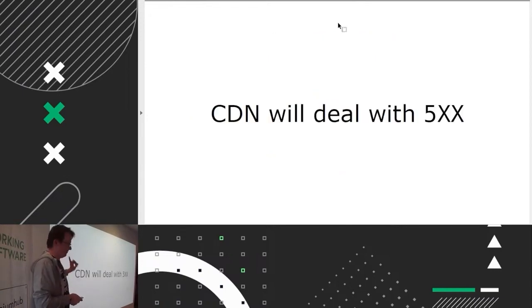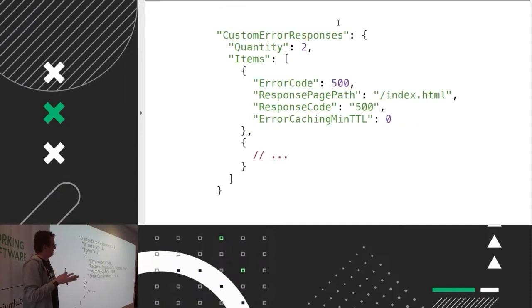In one of the previous slides, I mentioned that the CDN will take care of 500s. It can be done with failovers, which are defined in the same distribution as the policies. They are the way to tell AWS to, okay, try another origin if this one fails. Usually it can be the same URLs, but for 500s, we are basically serving the index.html, the default one from S3.